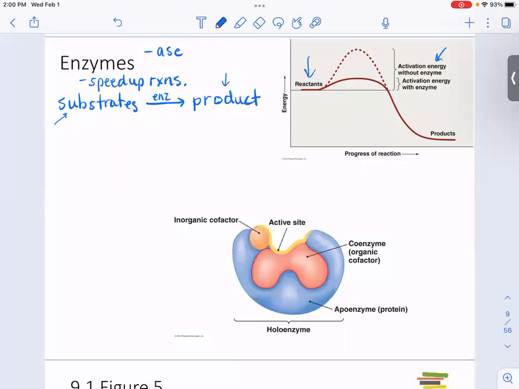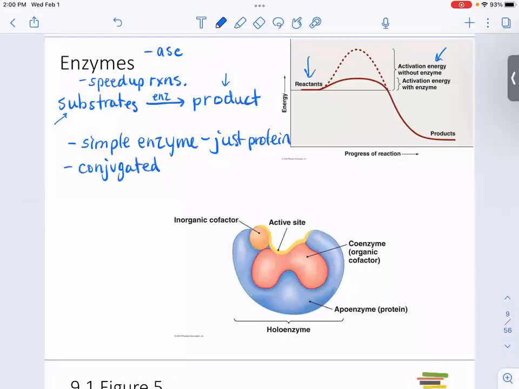Some enzymes are simple, and a simple enzyme is just going to be protein. But there are other enzymes that are more complicated, in that we would call it a conjugated enzyme that needs some non-protein component to function.